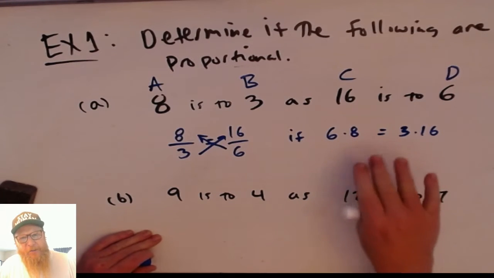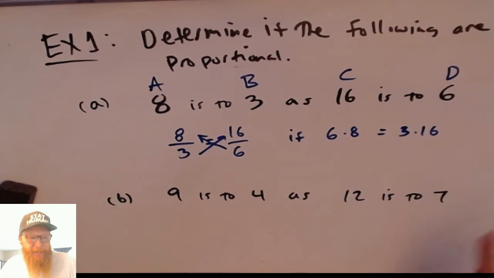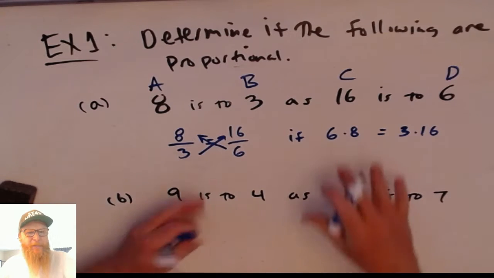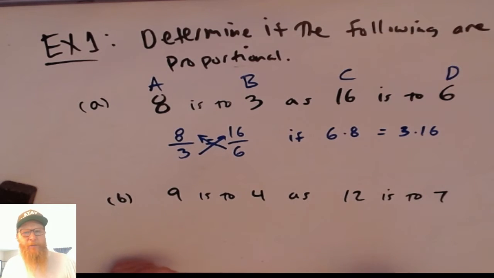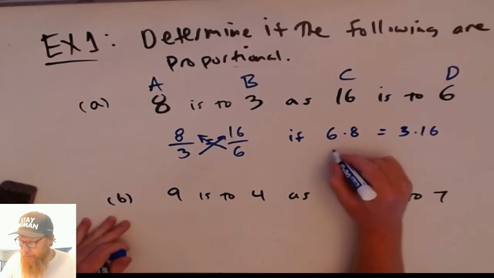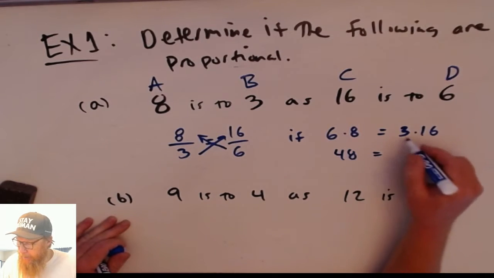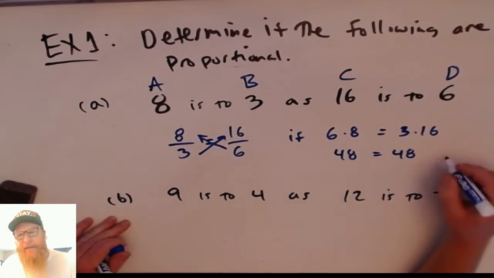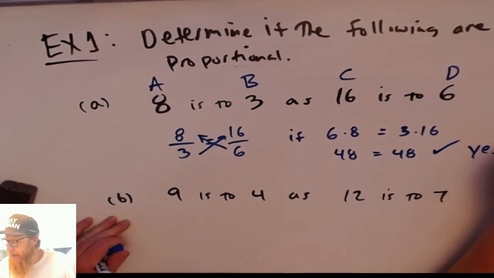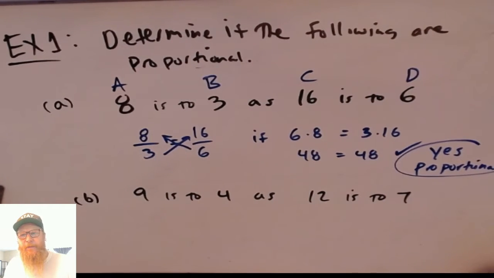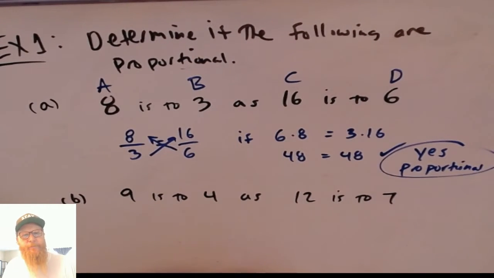If this is true, then this proportion is in fact a true proportion, or you could say that these are proportional ratios. So is this true? 6 times 8 is 48, 3 times 16 is 48, and so check, yes, proportional. So this is a yes. It's true.